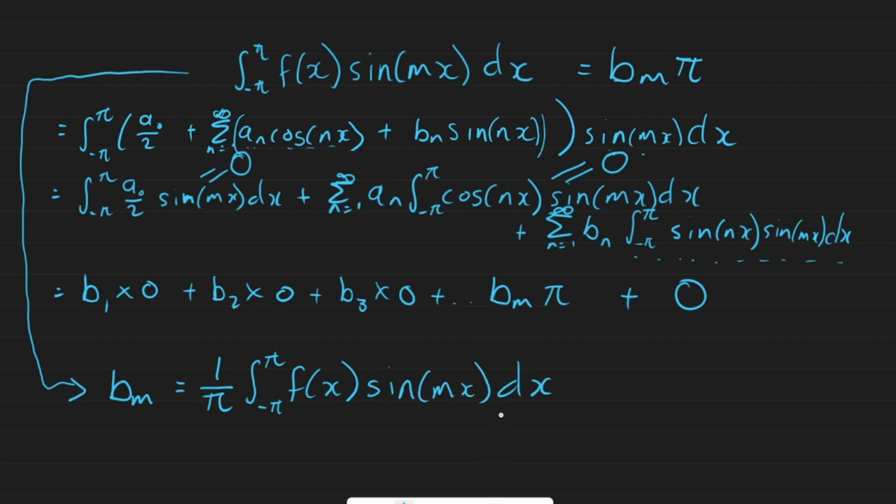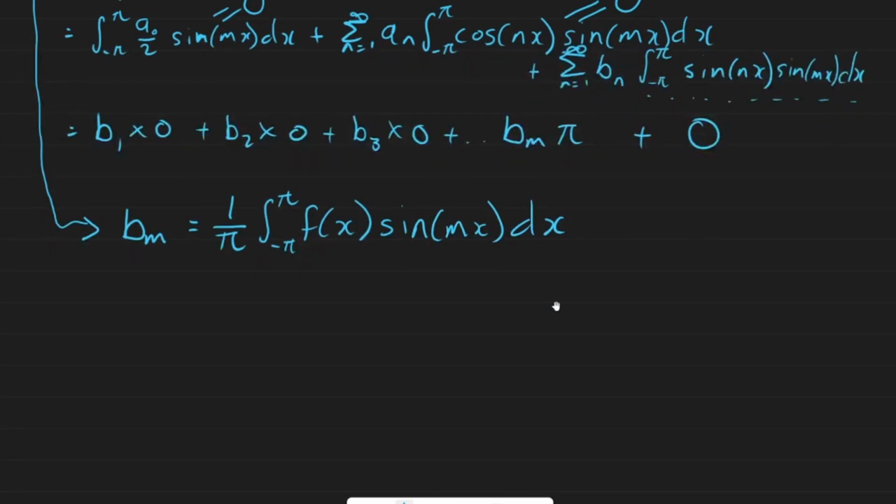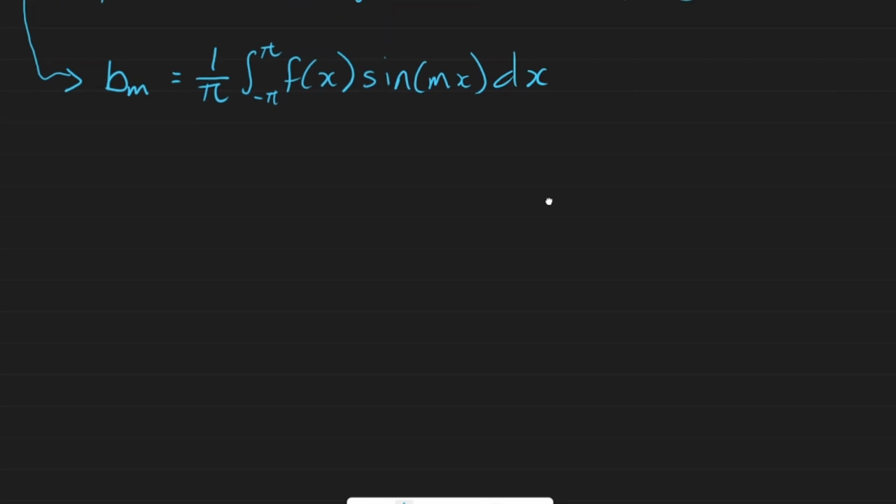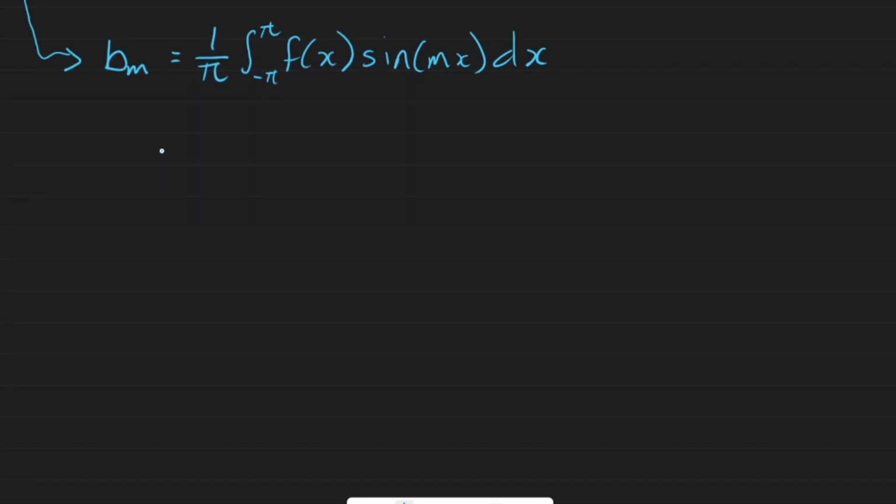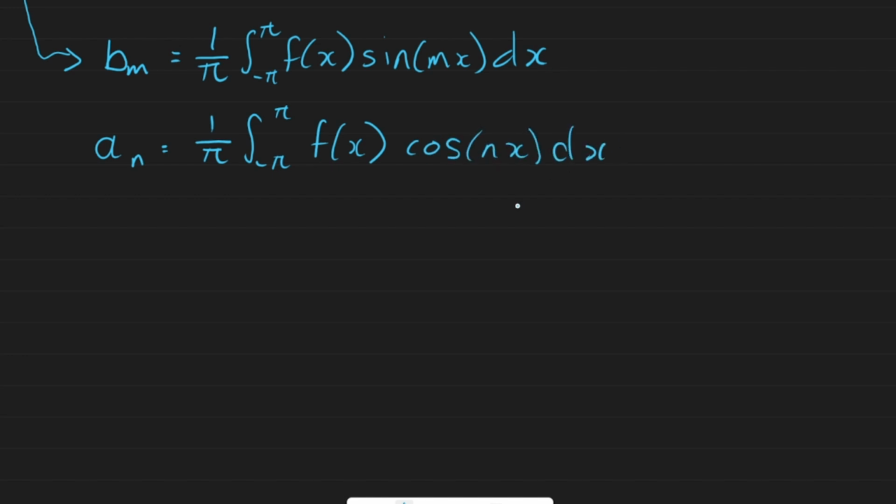So we have found those two constants. The last one we need to do is to find a naught. So we have already derived that an is equal to 1 over pi, the integral from minus pi to pi of f of x times cos nx dx. So now what we want to determine is a naught, the first term in the Fourier series.